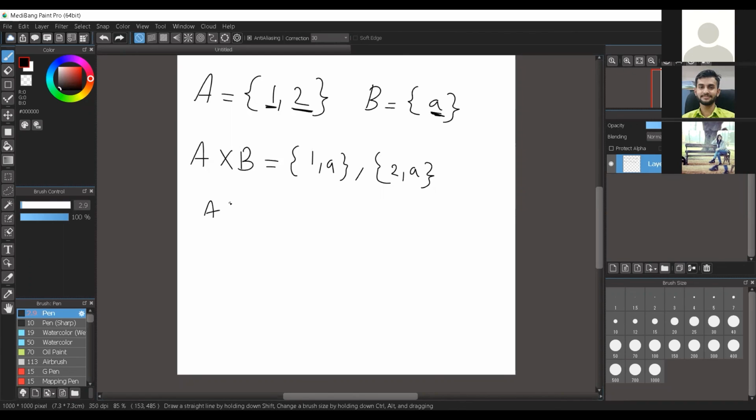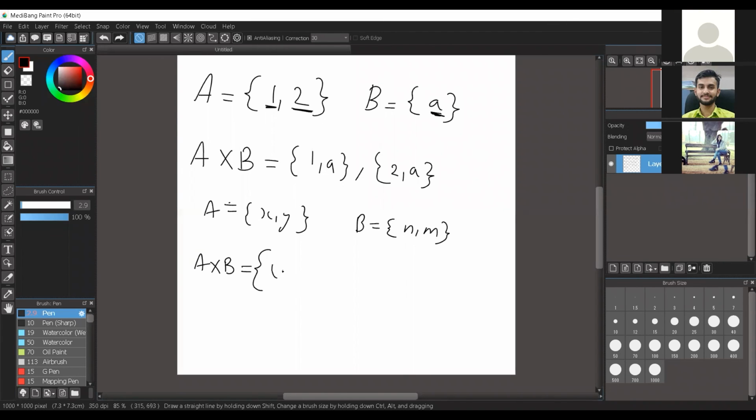Let's show another example. If we have set A as {X, Y} and set B as {N, M}. A complement B equals... we're going to take the element from the first set and the element from the second set.